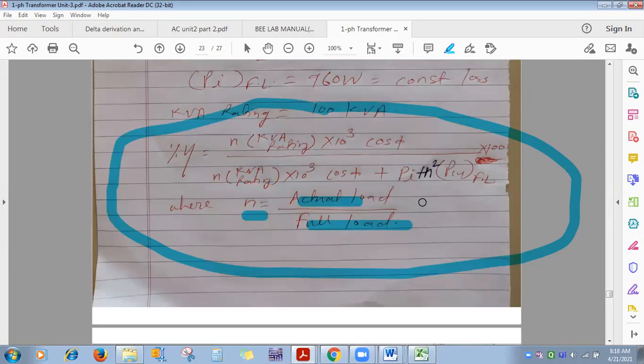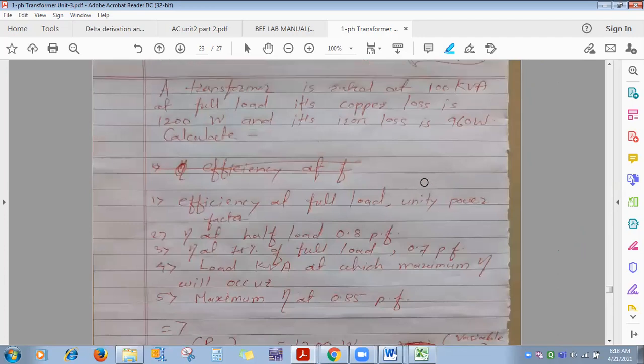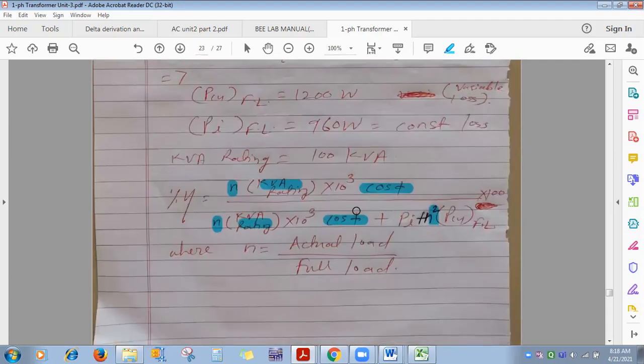Then cos phi is also given. Sorry, not 0.8, unity power factor for full load. For half load, 0.8 is given. So for full load, unity power factor means cos phi is 1.